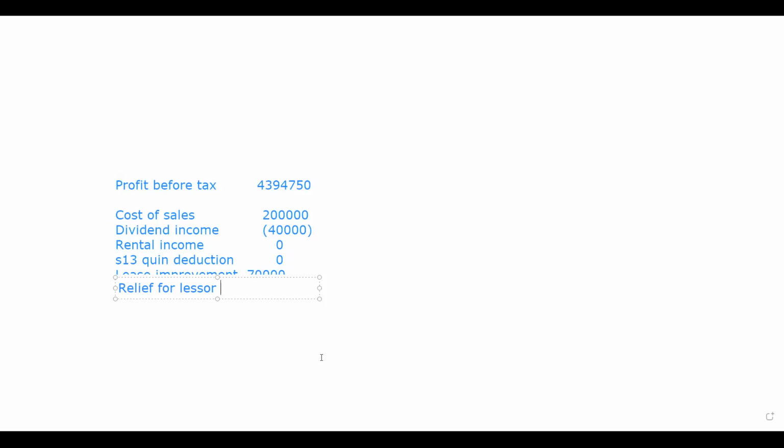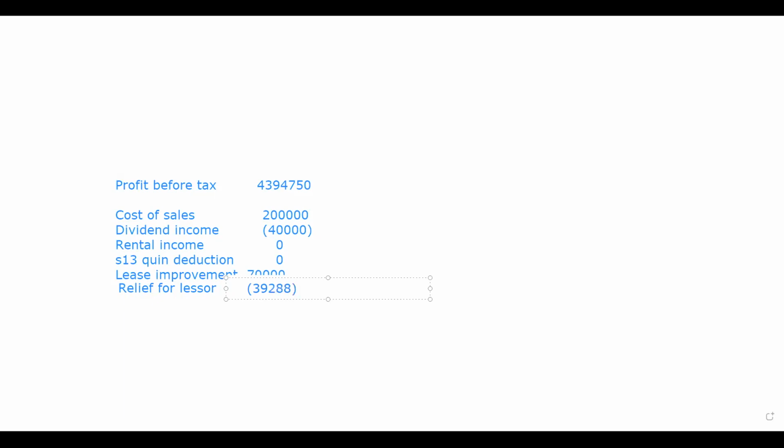And the relief, we said, is the contract amount minus the present value. So it's going to be 70,000 minus that 30,712, right? So the relief amount for the lessor is, okay, relief is a minus, so the relief is 39,288.